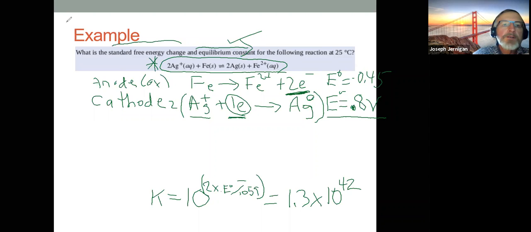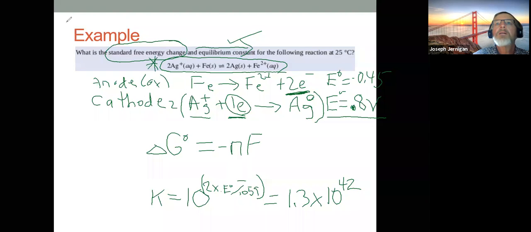Now we're going to do the standard free energy change. Going back to our relationships that we just learned about, delta G0 is equal to minus nF E0 cell.